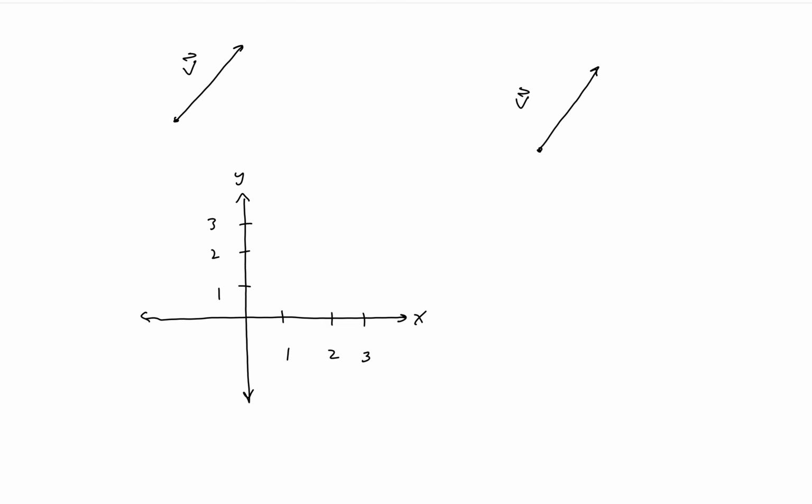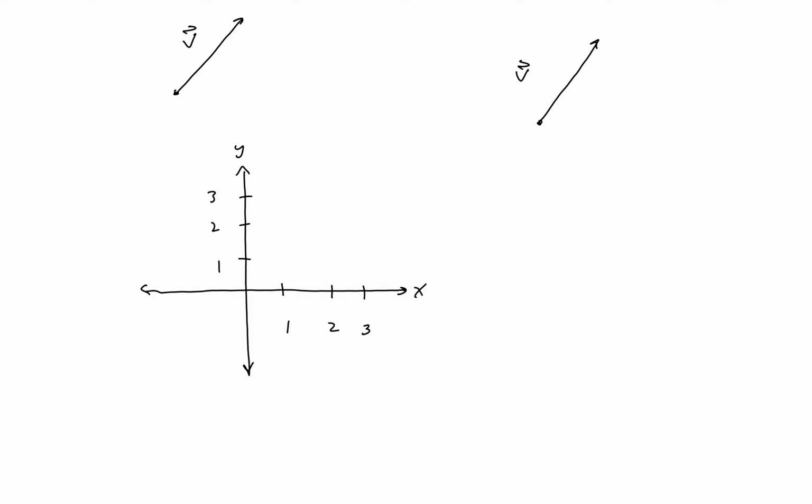Well, there are two very important vectors that we can build every other vector from. The first vector is this vector that just points one unit in the x direction. This vector here, this is i, and we're going to put a hat over it instead of an arrow because it has length 1. The other vector is going to go just in the y direction. We're going to call this vector j.